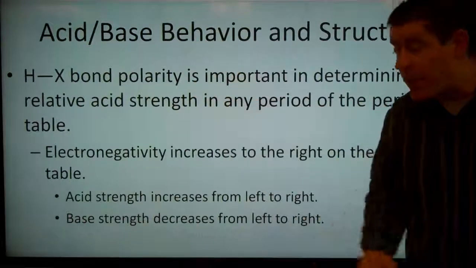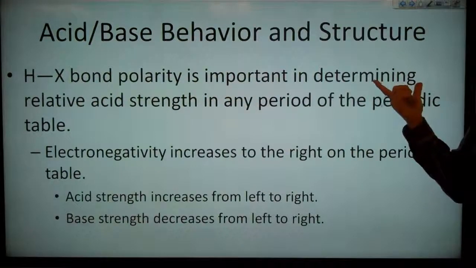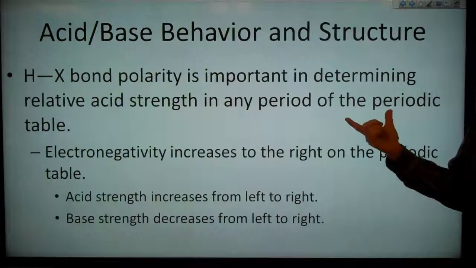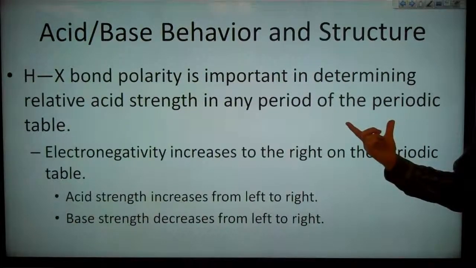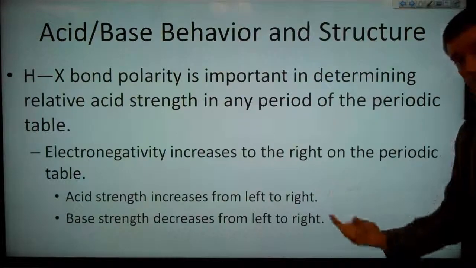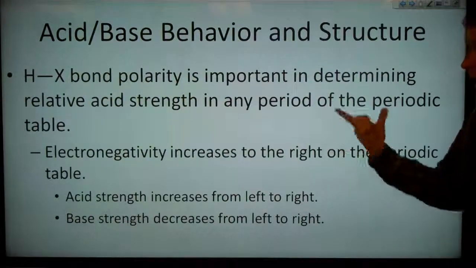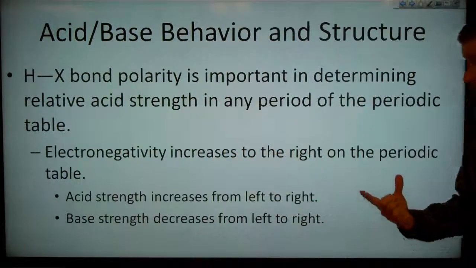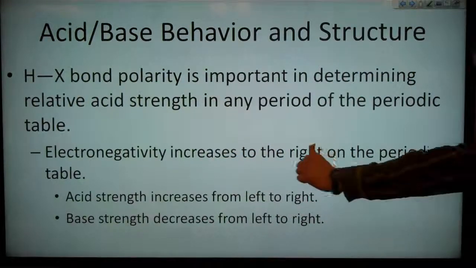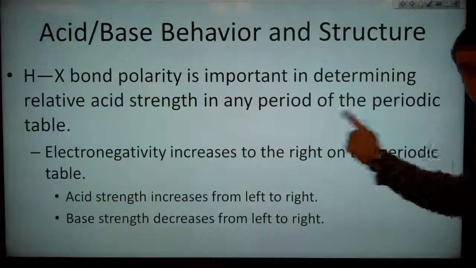So this HX bond polarity is also important in determining the relative acid strength in any period of our periodic table. Note that on the last slide we were talking about groups, which are the vertical columns. Now we're talking about periods, which are the horizontal rows. Electronegativity is increasing as we move to the right on our periodic table. It's decreasing as we move to the left.